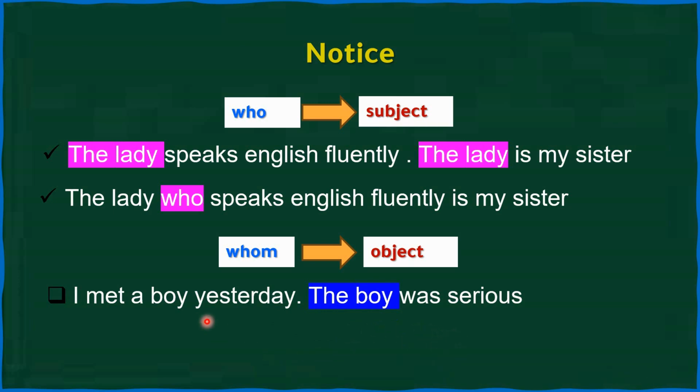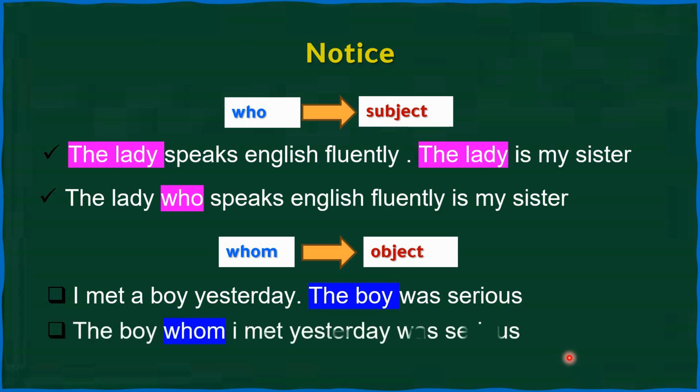I met a boy, so the boy here is an object, le complément d'objet direct, مفعول به, d'accord? So we replace it with whom. So, the boy whom I met yesterday was serious.